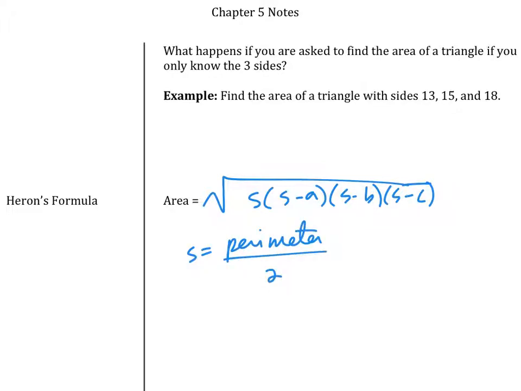This formula is optional because you don't need this formula to find the area of a triangle. You can always figure it out some other way. So it just makes it a little faster, but you don't need it if you don't memorize it. You can always do it with law of cosine, all that stuff.